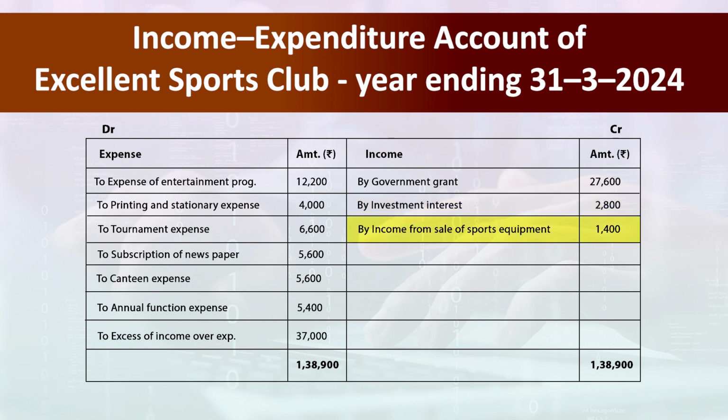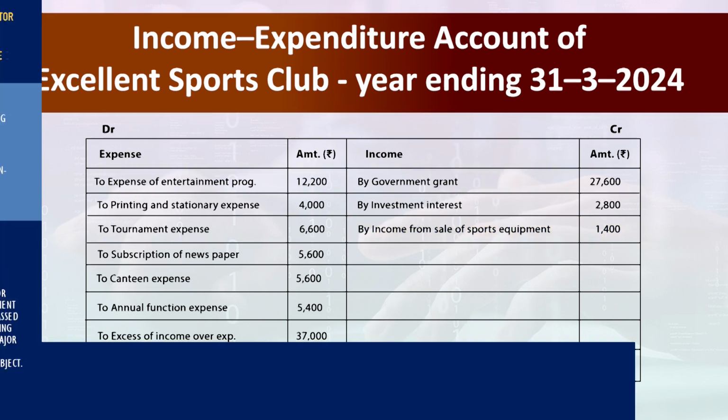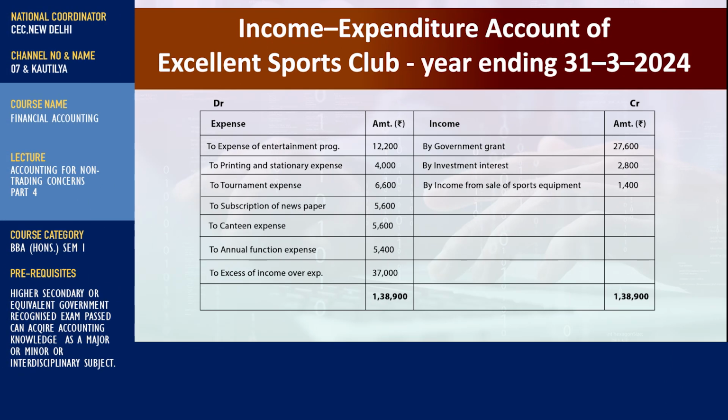The income from sale of sports equipment is rupees 1,400. The total of the credit side comes to 1,38,900, as the credit side, that is incomes, are more than expenses. The excess of income over expenses is rupees 37,000.